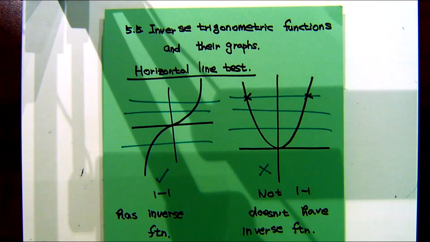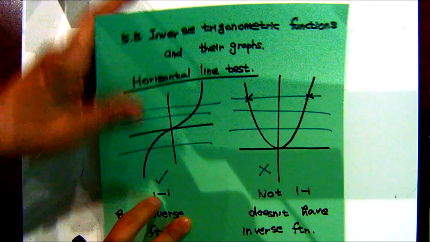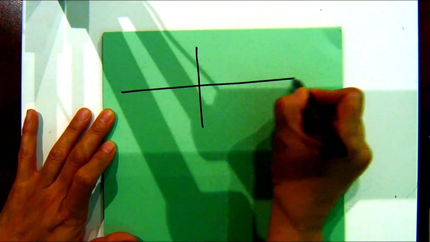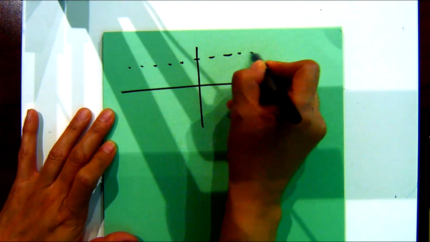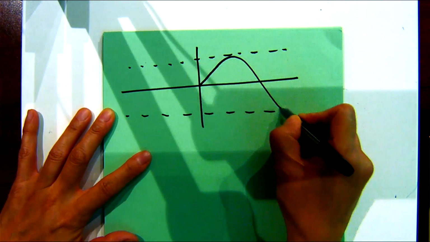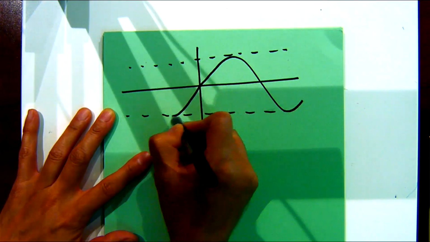The reason I'm talking about a horizontal line test is to talk about the inverse function of the trigonometric function. Maybe you'd think about irony behind that, because if you think about any trigonometric function, let's consider y equals sine of x.